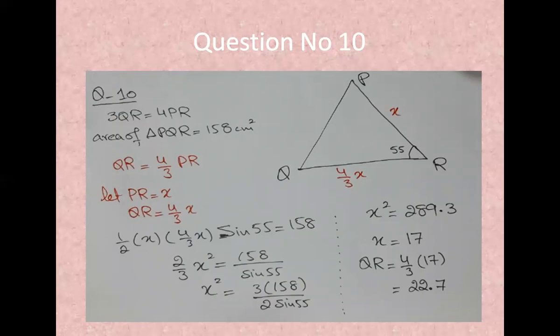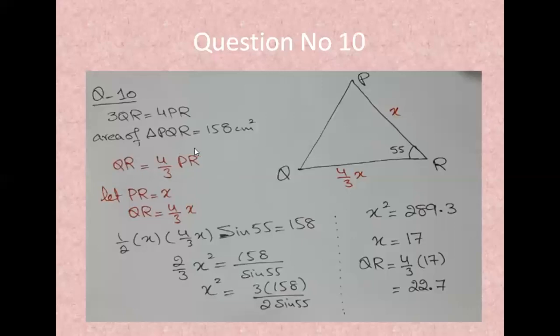He says, in the triangle PQR, the angle PRQ is 55 degrees, 3 times QR is equal to 4 PR, and the area of the triangle PQR is 158 centimeters square. The question is to find the length of QR. That's the main question.